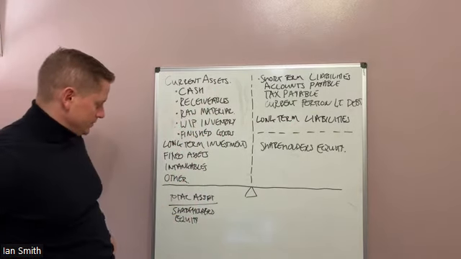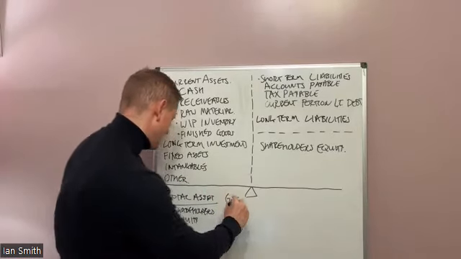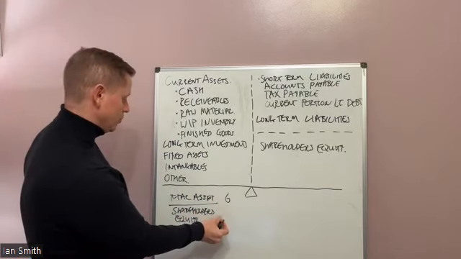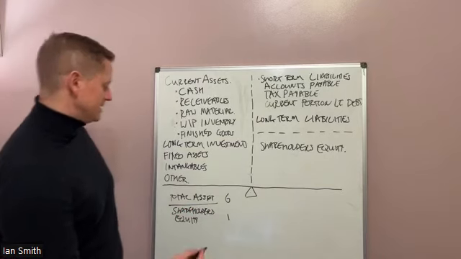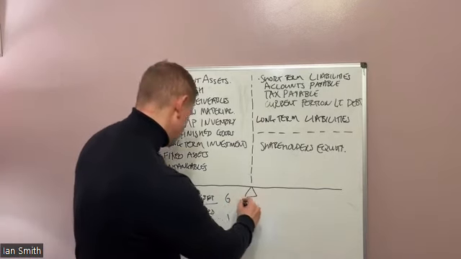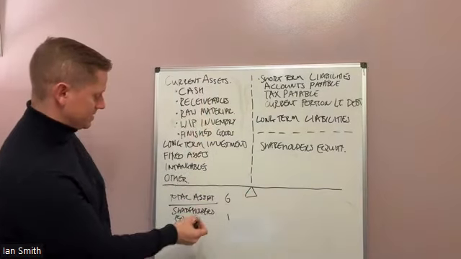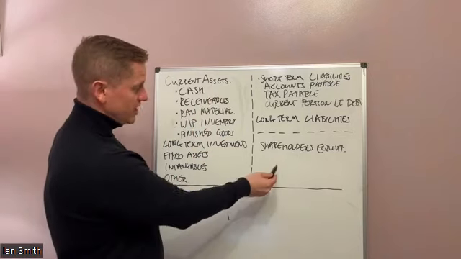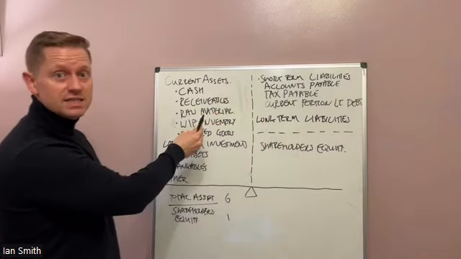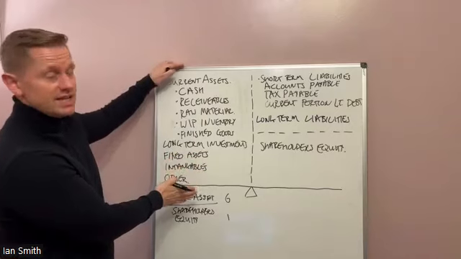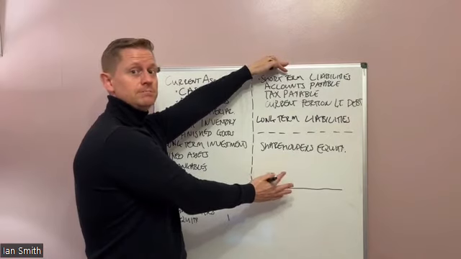So, say for example, your total assets equal 6 and your shareholders' equity equals 1. So 6 million, with 1 million of shareholders' equity. What that means is that for 6 million worth of assets, 1 million of shareholders' equity is financing it. And then 5 million of liabilities must be financing it, because the total amount of assets must be equal to the total liabilities plus shareholders' equity.